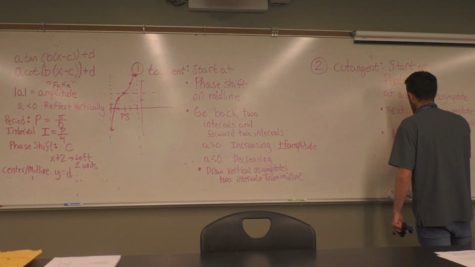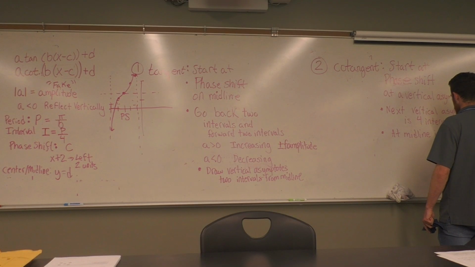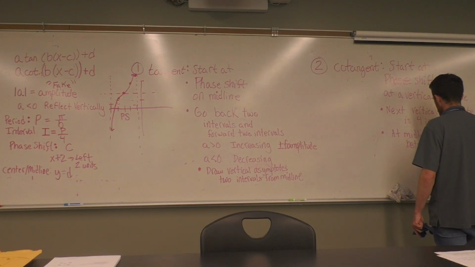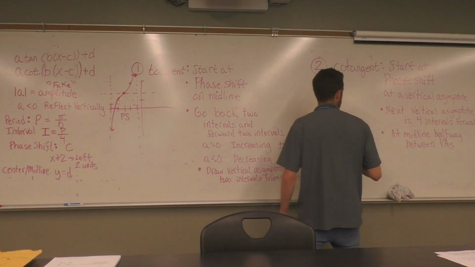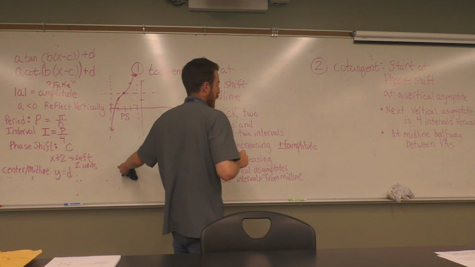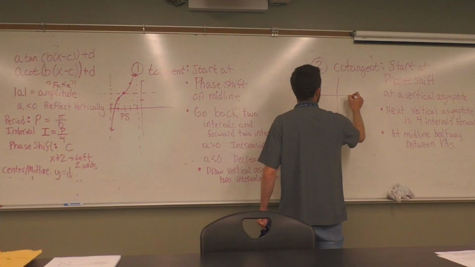We are at the midline halfway between the vertical asymptotes, the VAs. I have to go back and add a negative tangent, I suppose. And let's see if that's enough.